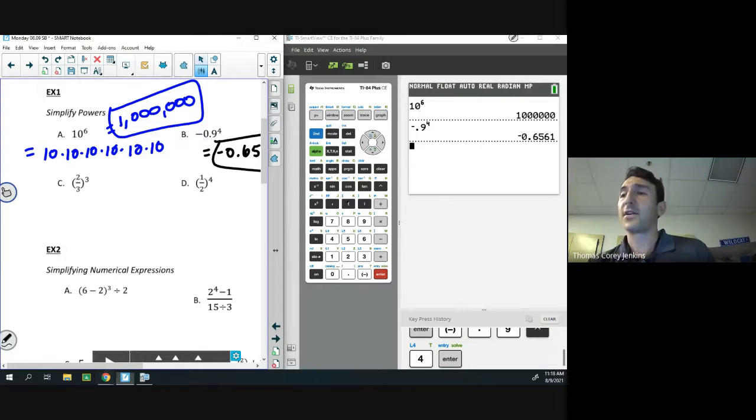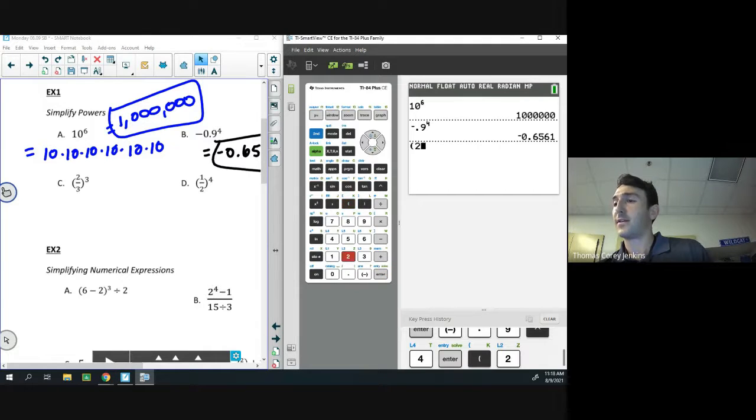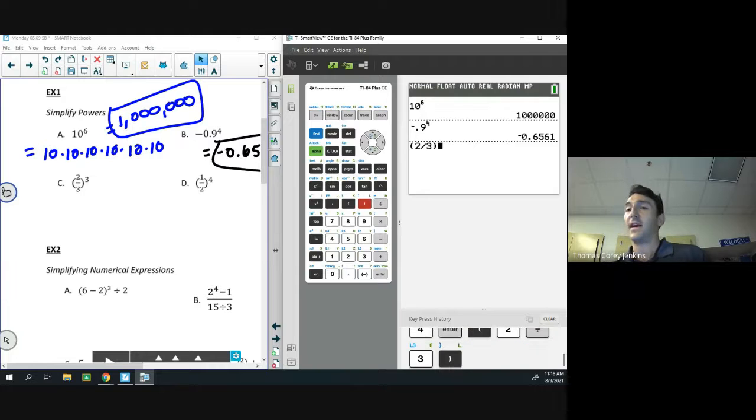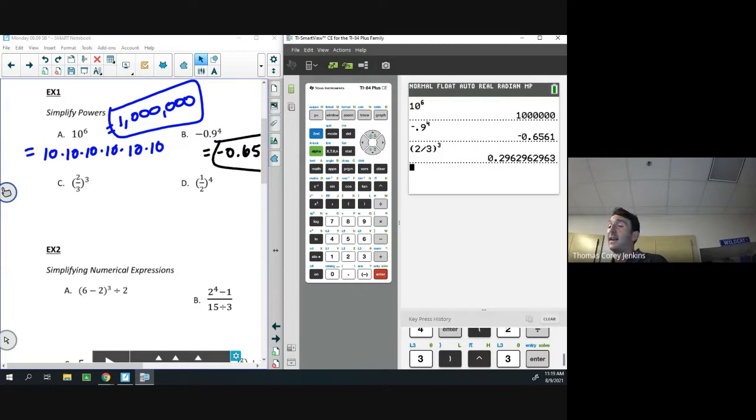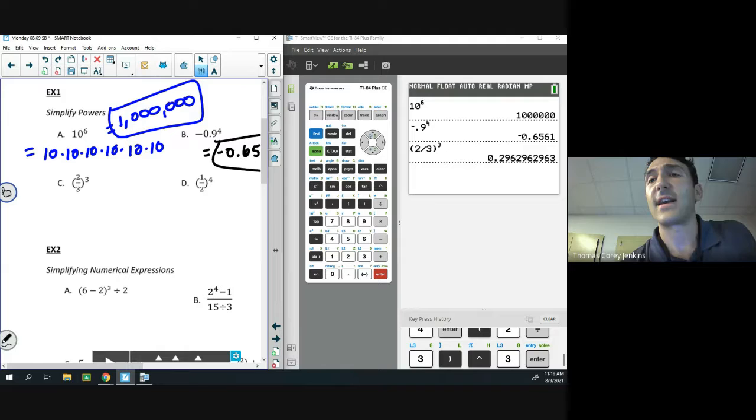So I have to do parentheses 2 divided by 3 and then caret key 3. Yours is nice though, because yours will give you the fraction answer, which is a lot cleaner than that. So what is it as a fraction? Anybody have it written out as a fraction? Abby? 8 over 27. That's exactly right. Very good.